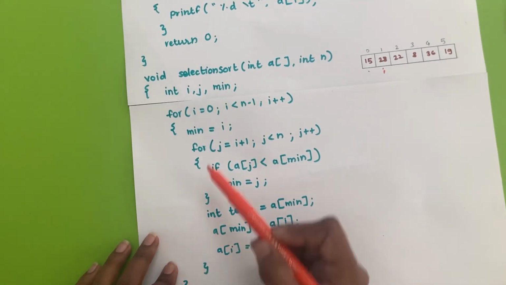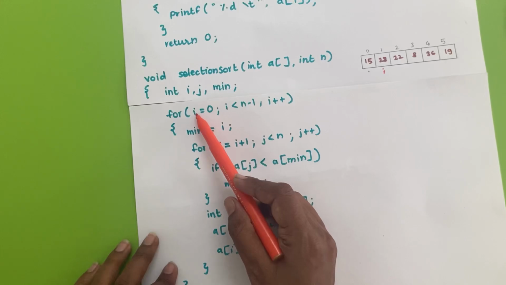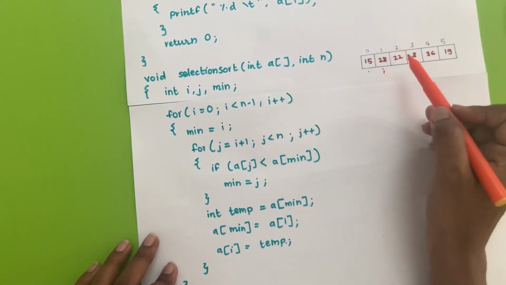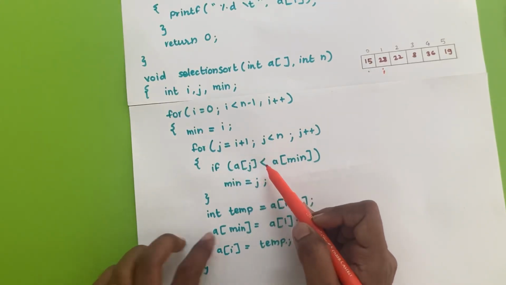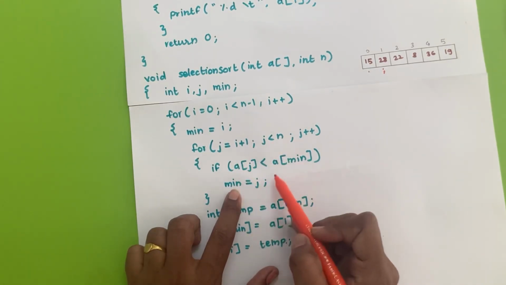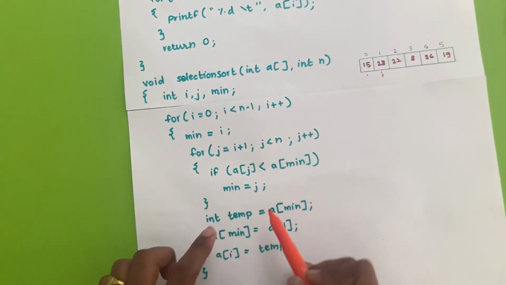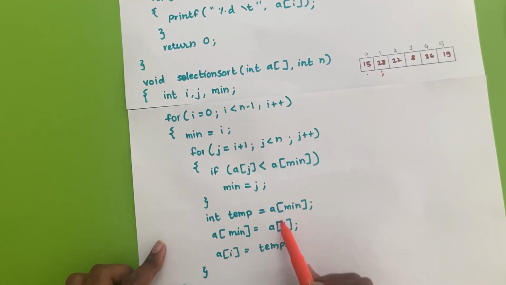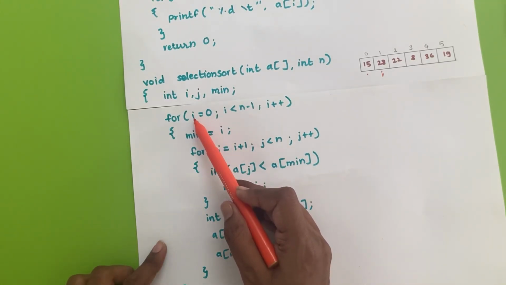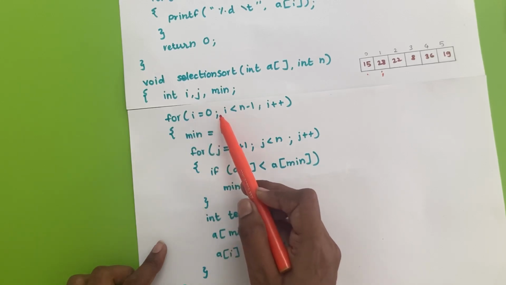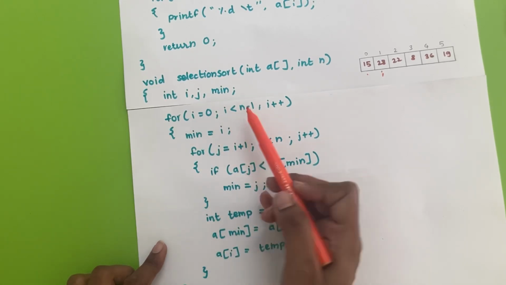Okay, so again in the next pass the value of i will get incremented, and it will now be 2, and the same way the third smallest element will be found with the help of this loop, and it will get swapped by these statements, and again it will increment the value of i to 3.